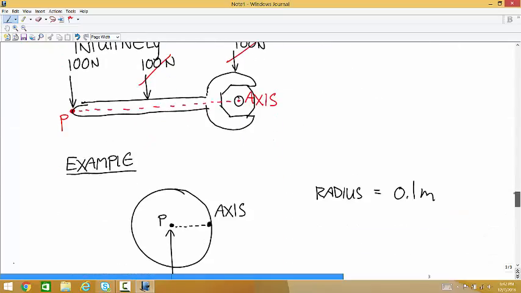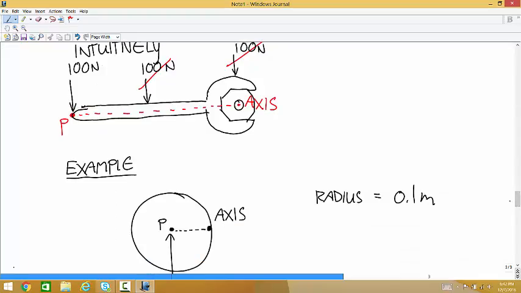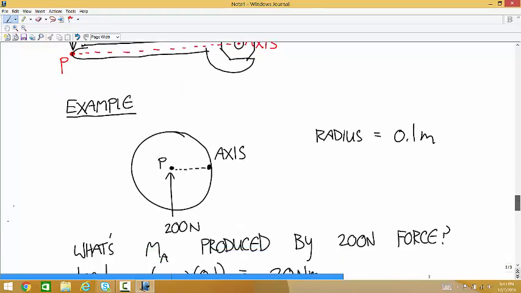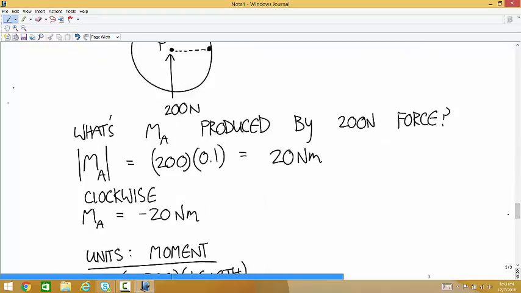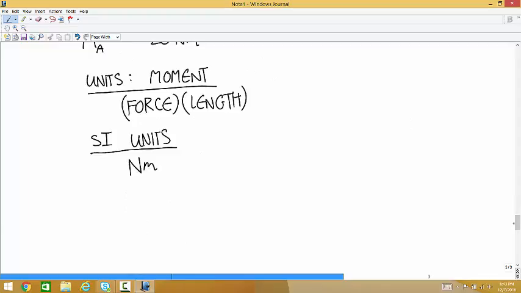So of all the forces out there and all the axes out there, what percentage of them would you guess have the force exactly perpendicular to the line between the axis and where the force is applied? What percentage? 0%. So that's a problem. I mean, that's rounded down kind of, but okay, so what if the force is not perpendicular to that line?